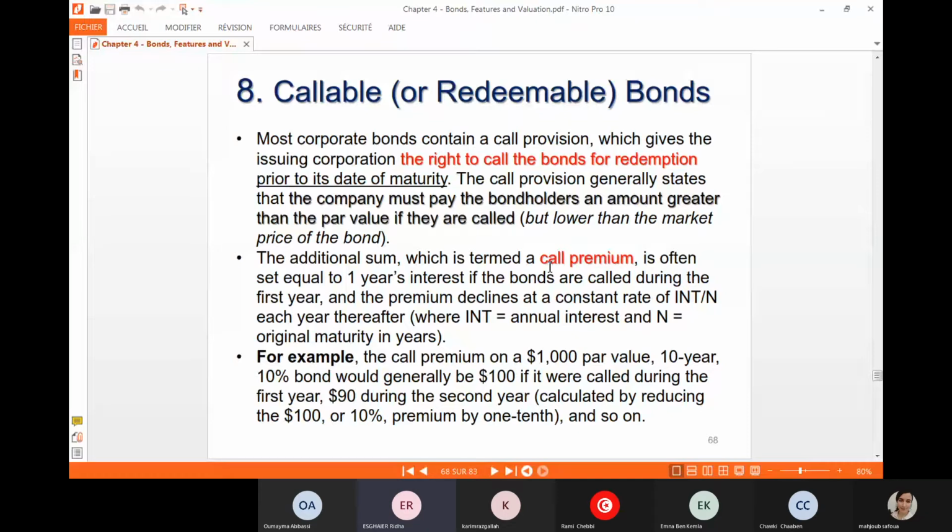And this company will pay this interest annually, for example, and reimburse the maturity value, which is $1,000, 20 years from now. But suppose that 1 year from the issuance date, the market interest rates fall.